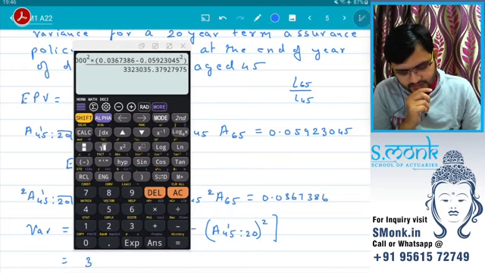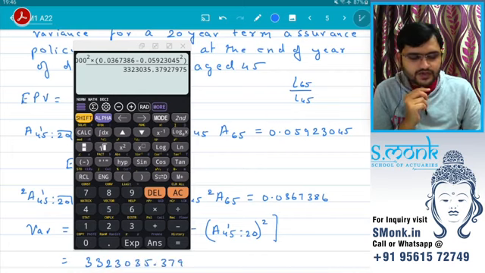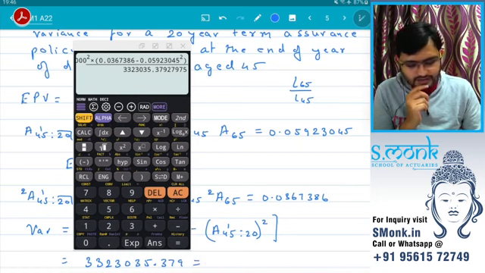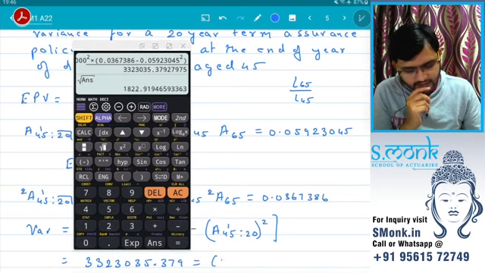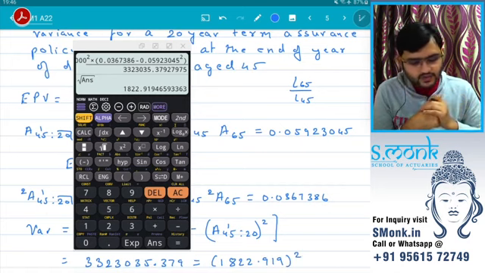So variance is 3323035.37. You can even represent that as, first find the root and write it as 1822.919 squared. You can write it like this as well.